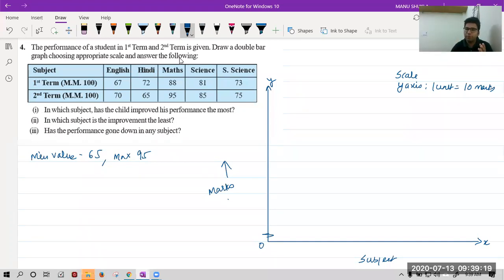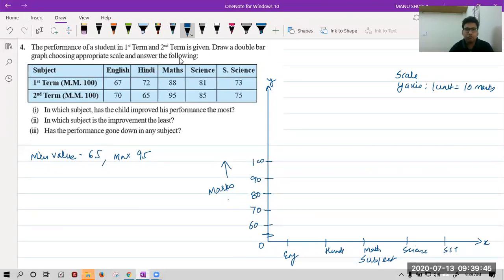That is of no use for me. I'm starting with 60. 60, 70, 80, 90, 100. Now we have first, suppose English, second, Hindi, third, maths, fourth, science, and fifth, SST.